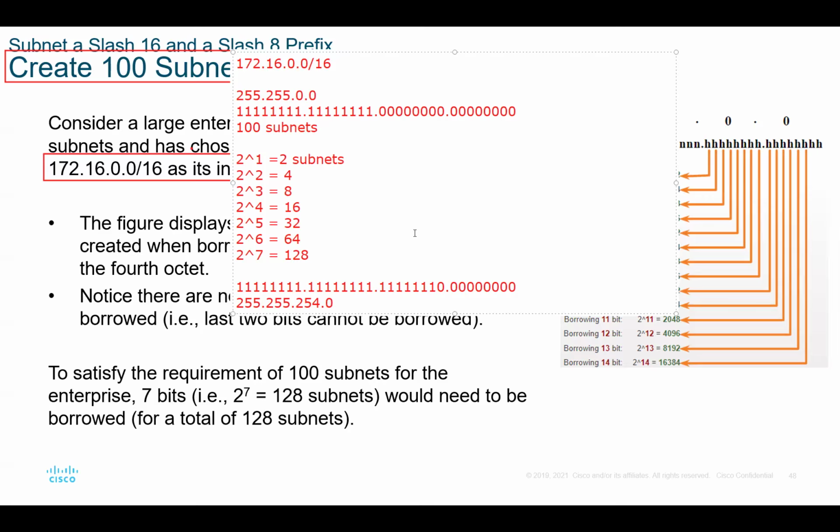So our new subnet mask will be this, which in slash notation becomes a slash what? 16, 17, 18, 19, 20, 21, 22, 23. This one is a slash 23.